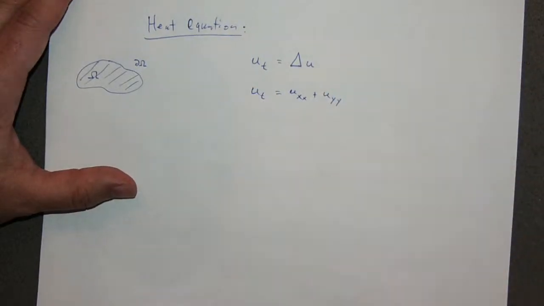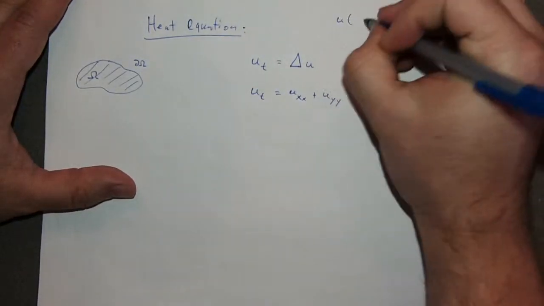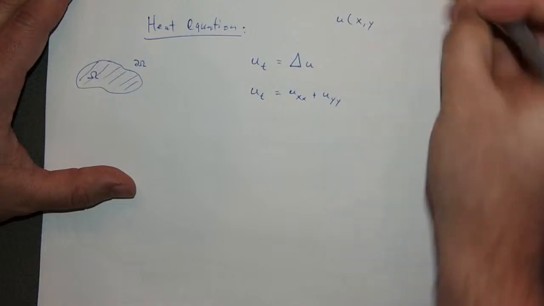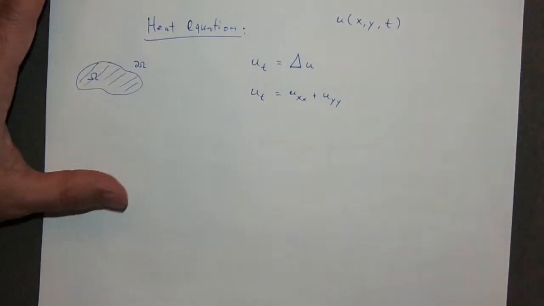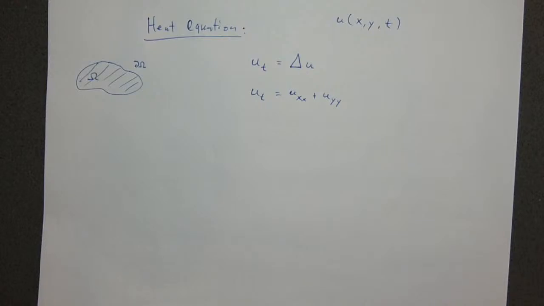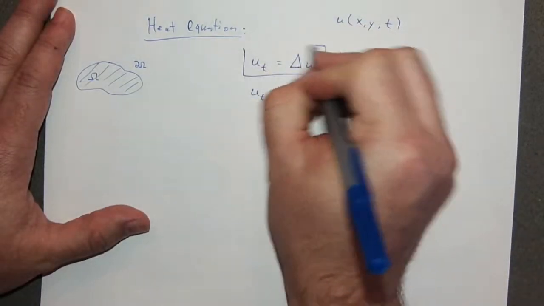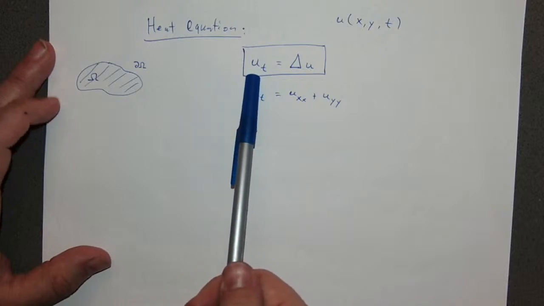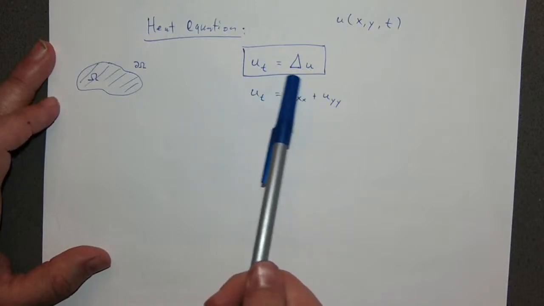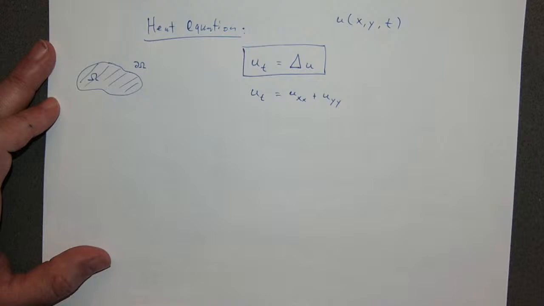You have a function u that is a function of two space variables and one time variable. And so the heat equation is the derivative with respect to time is equal to the Laplacian of u.